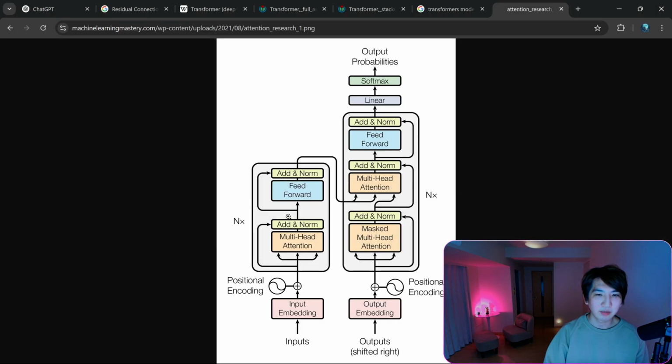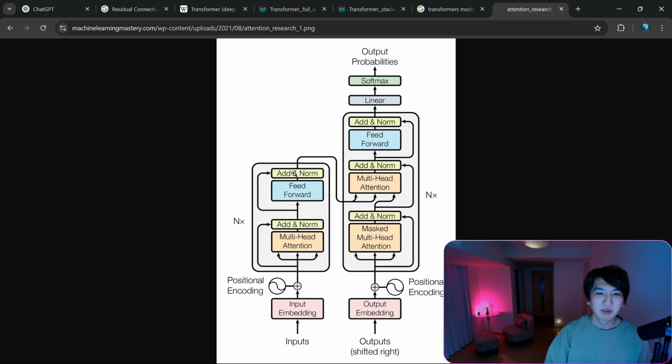So we are up to here now, and now we have the same kind of arrows. We just do the same thing, except instead of multi-head attention, we've got feed forward. But we do exactly the same thing as before.